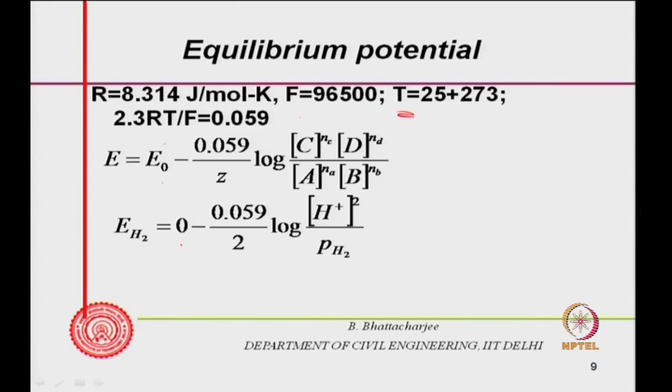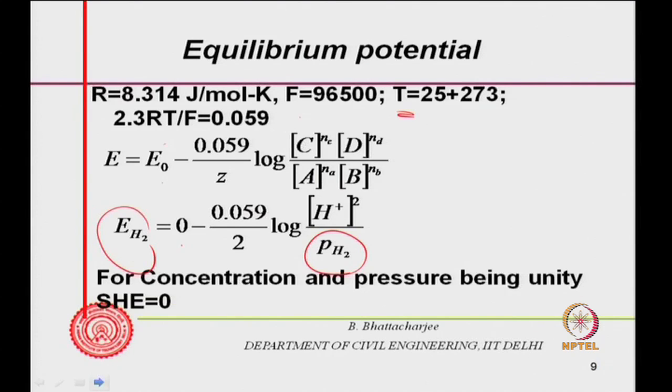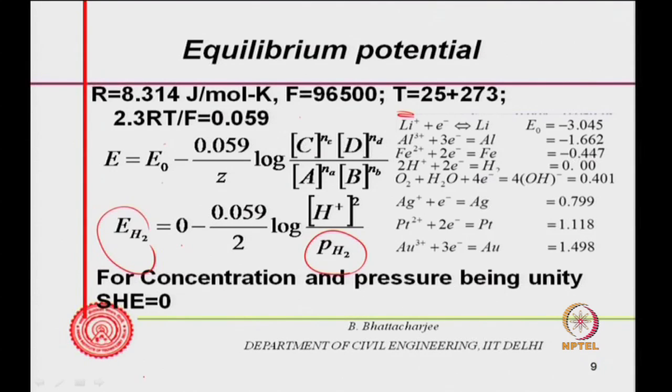For any other hydrogen ion concentration, the electrode potential will be given by this, where this is the hydrogen ion concentration and this is the pressure, related to activity. So for concentration or pressure being unity, this will be 0. For various other reactions, these values are available.